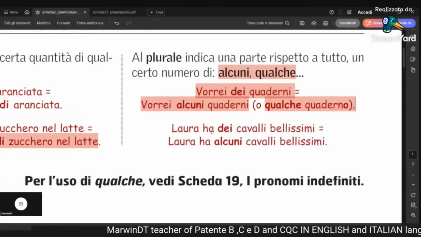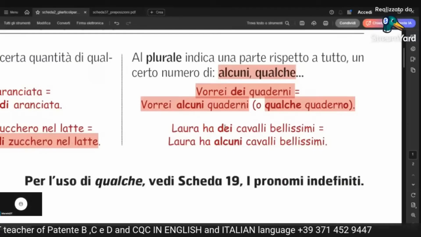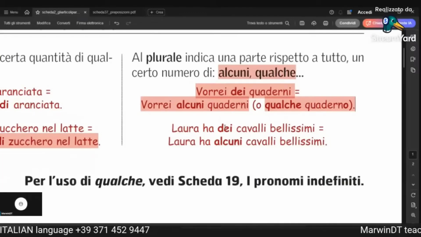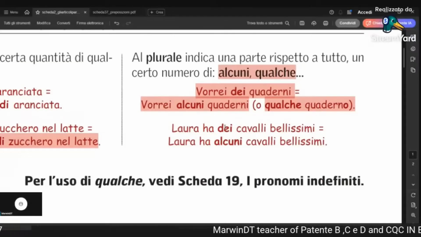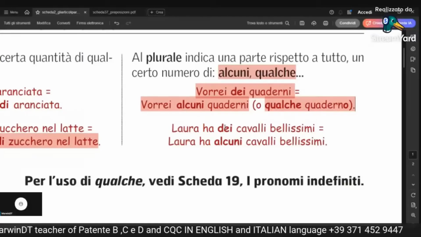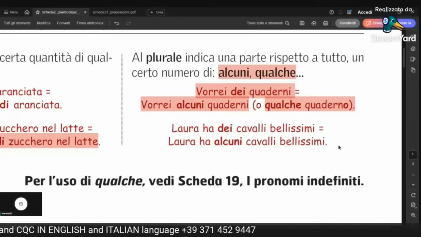Laura ha dei cavalli bellissimi. Means Laura has beautiful horses. Dei cavalli bellissimi. So he's talking about the horses that are beautiful, but it does not indicate the number or the specific quantity. Laura ha alcuni cavalli bellissimi.